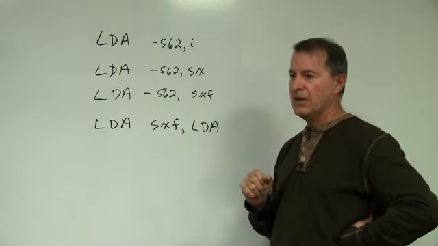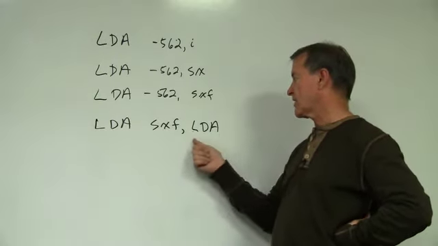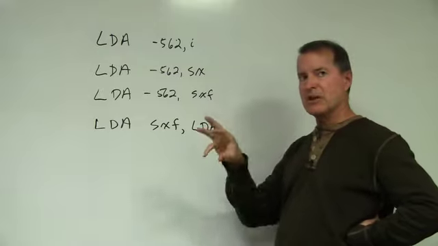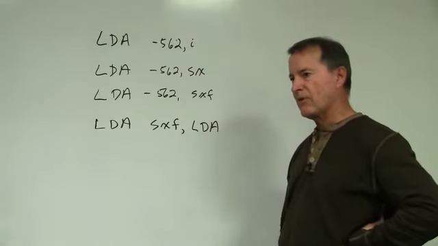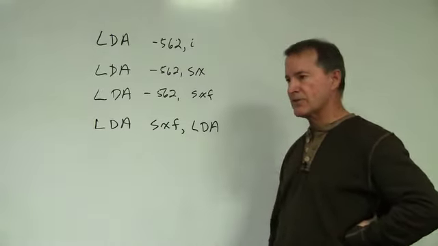Are you with me? So it can say, oh, it claims this is an addressing mode, and then it will do a table lookup to verify that it is in fact a valid addressing mode.